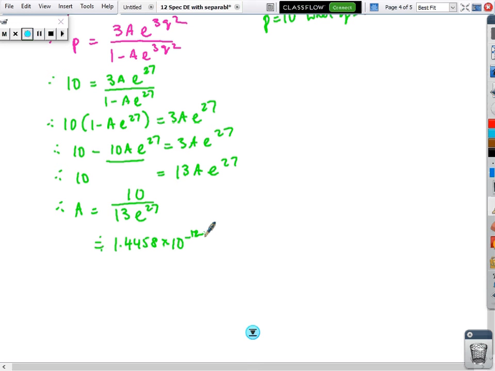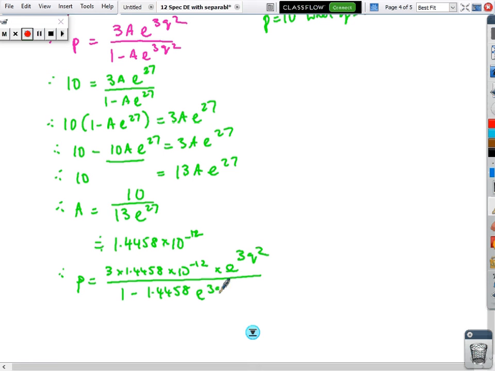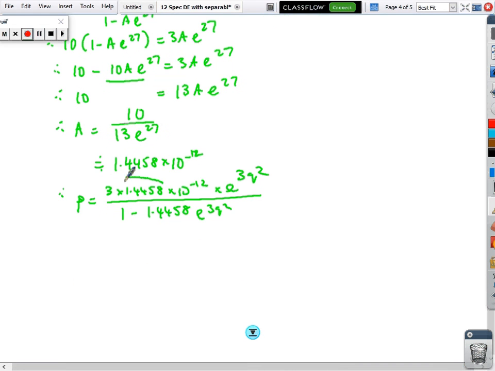And that's basically it. So then the final formula would be P equals 3 times 1.4458 times 10 to the minus 12 times e to the 3Q squared over 1 minus 1.4458 e to the 3Q squared, and then just have to tidy up that number.